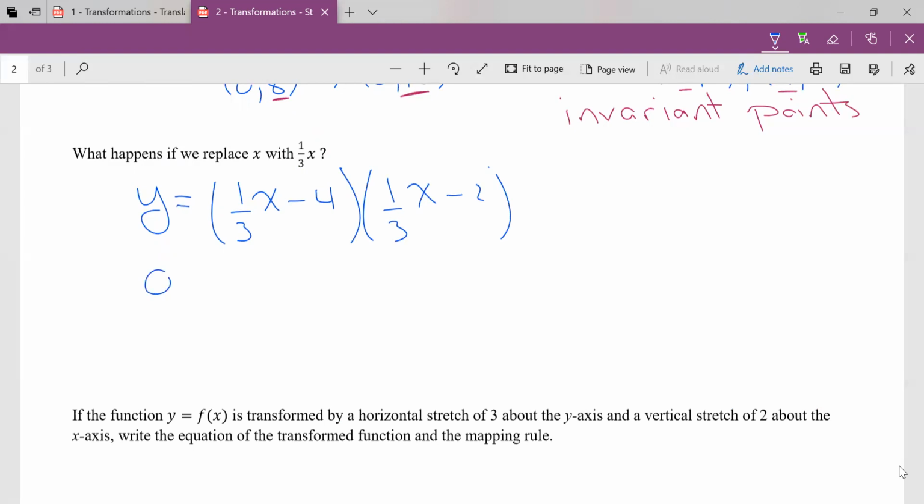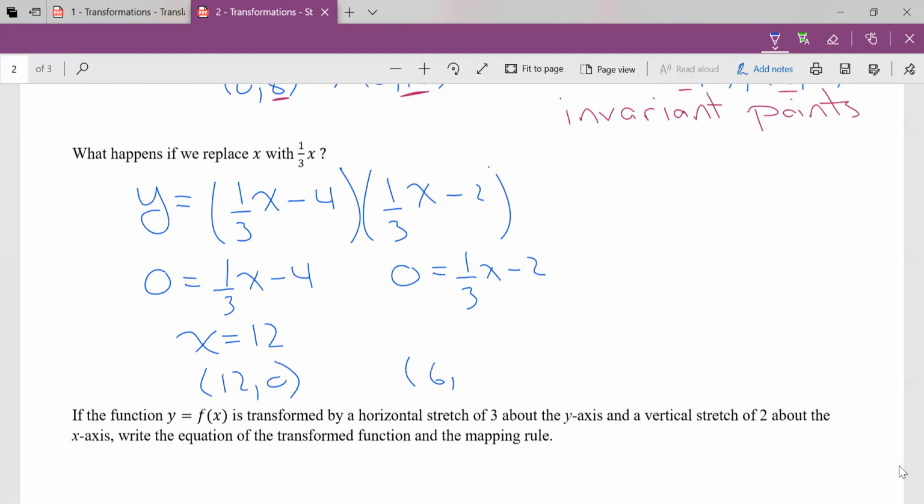I'm going to have to do a little bit more work on this one. So we set them both equal to 0 and use that zero product property. And when we solve for x here, we're going to get 12. So one x-intercept is now at 12, and the other x-intercept is going to be at 6. Okay, so wait a minute. Now our x-intercepts have changed.